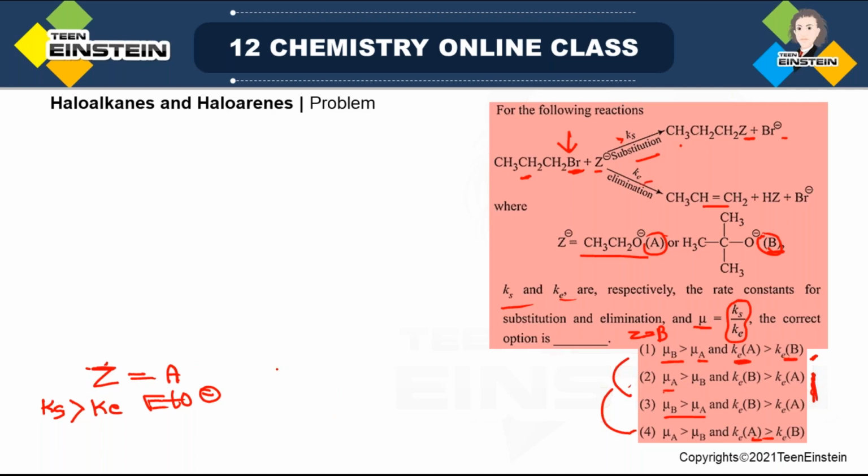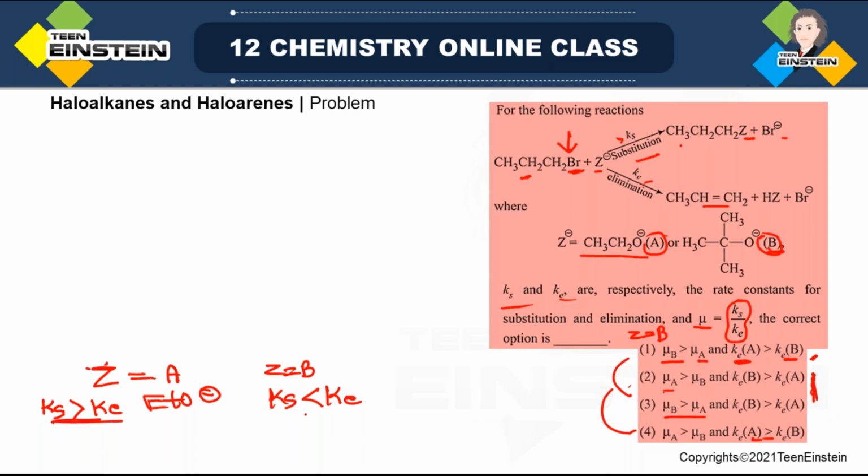Okay, and when Z is equal to B, that means the base is very hindered. Under this condition, the elimination reaction will be favored. So now Ks is not so high compared to Ke. Fine. Even if it is not exactly high, as we do not know the exact values of Ks and Ke, we can say there is a probability that Ke is high compared to Ks.